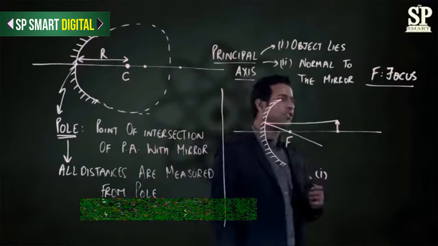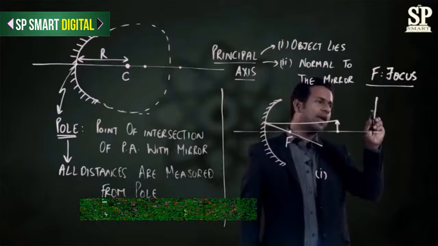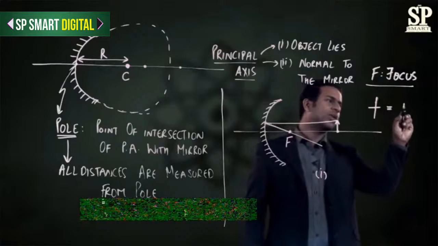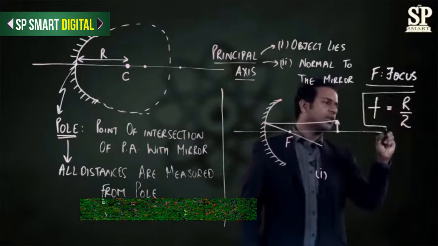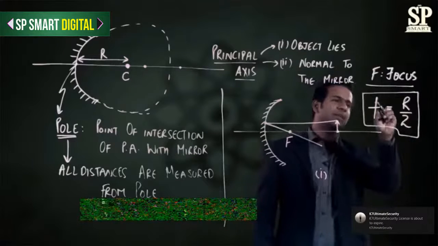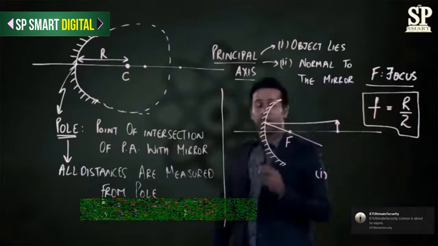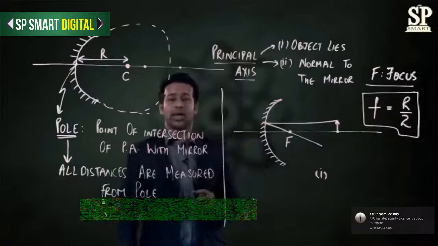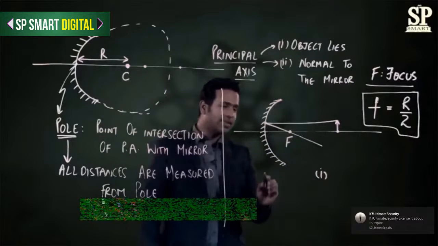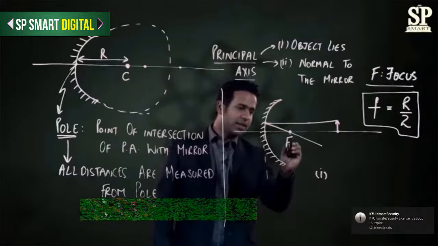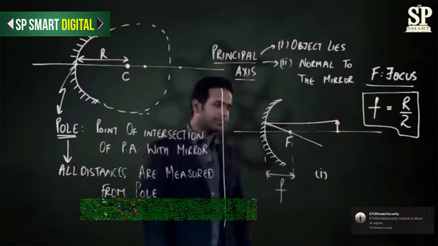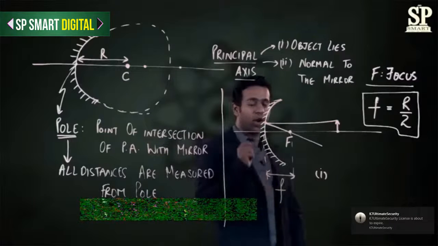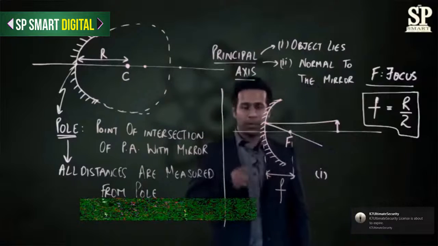And in case of mirrors, the focal length is equal to half the radius of curvature. So focal length I have denoted by the small f. So let's first ask, what is focal length? The focal length is the distance between the pole and the focus. You recall that all distances are to be measured from the pole.